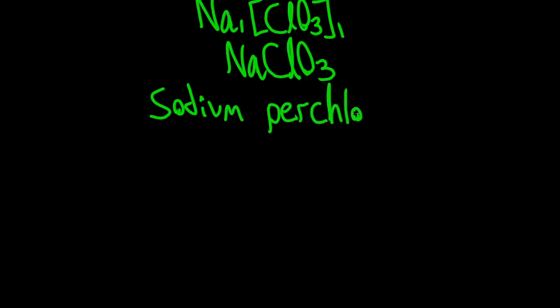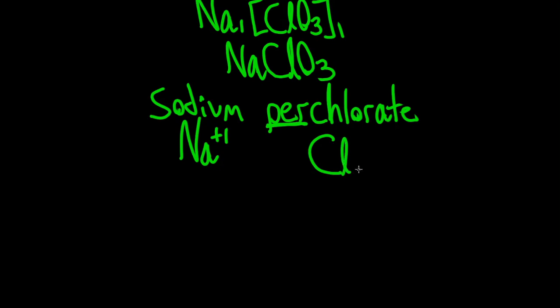So if I have perchlorate, I have my sodium there, and I look at the word perchlorate. I don't see perchlorate in that chart, but I do see chlorate, so I can write that out. But if I look further down on that chart, I see that per means I'm going to have one more oxygen.